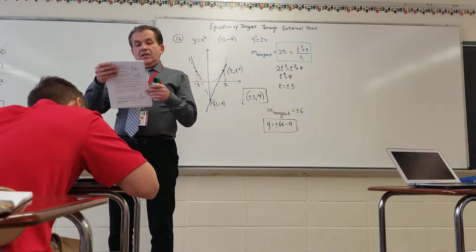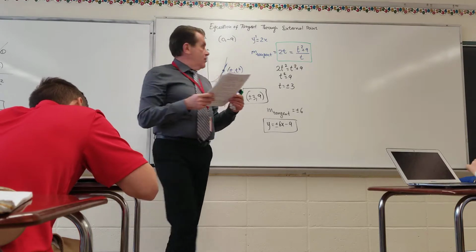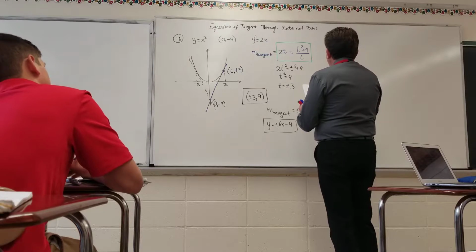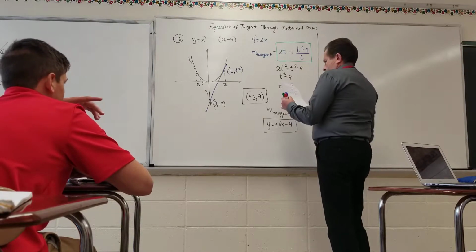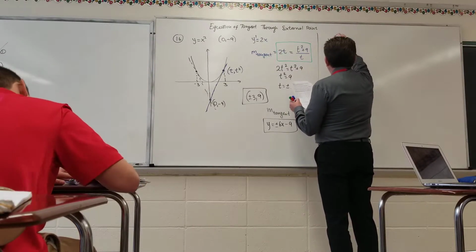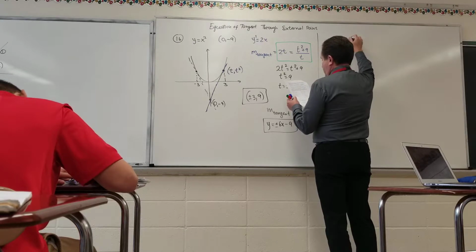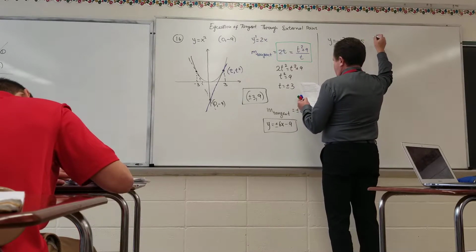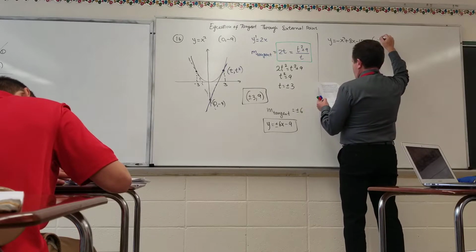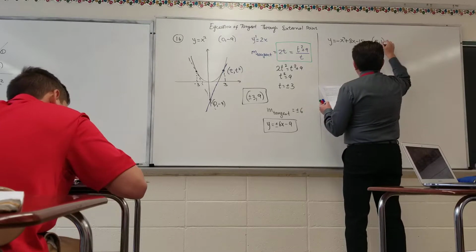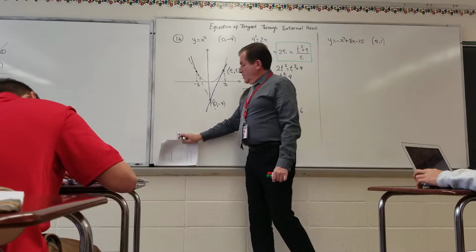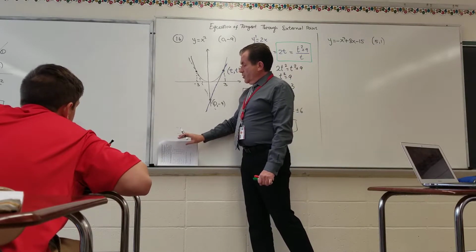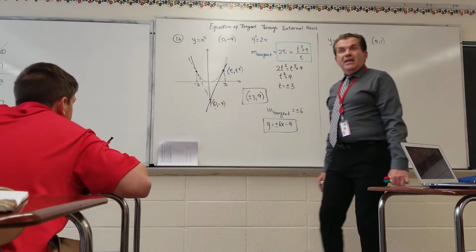So let's take a look at number 18. Number 18 is y equals negative x squared plus 8x minus 15, and the point is 5, 1. I want to stress one more time, point may not be on the graph.